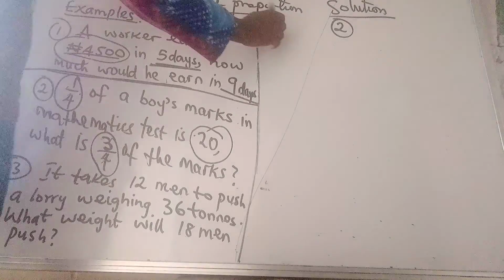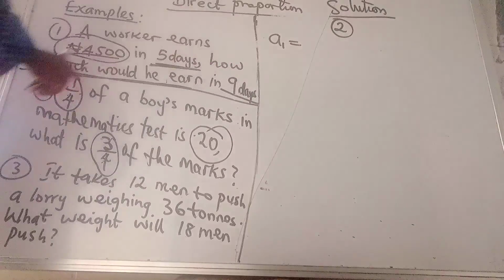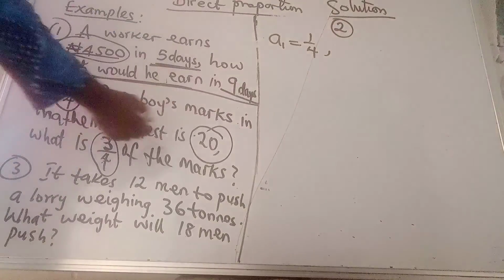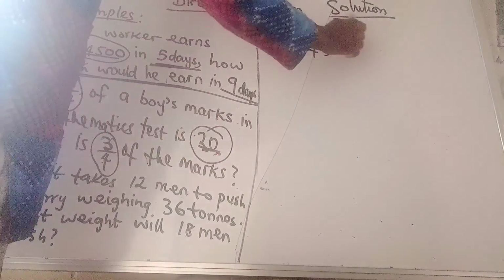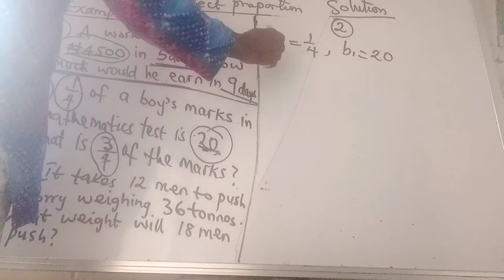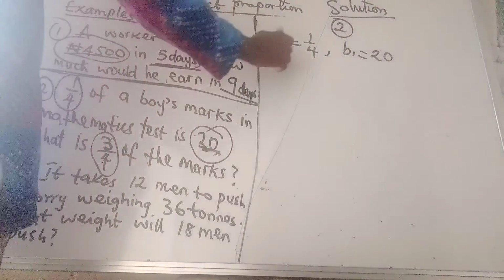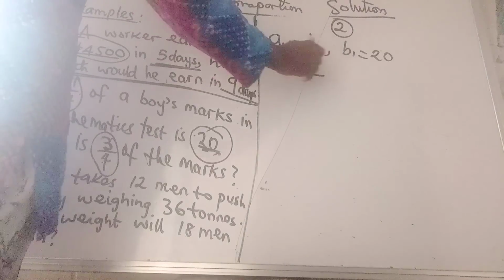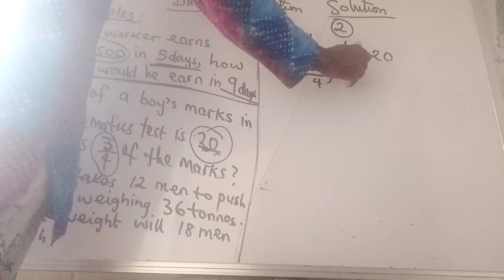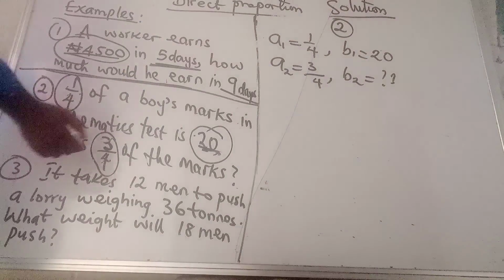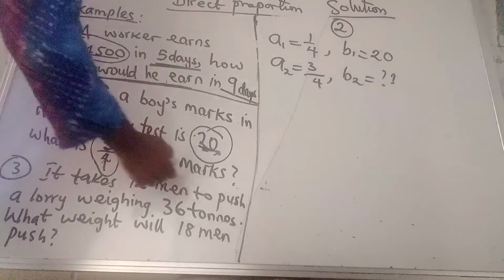So that means A1 now, let my A1 be 1/4. So definitely my B1 will be 20. So A2 will be 3/4 now. Then B2 is what we are looking for, because we are looking for what is 3/4 of the marks.